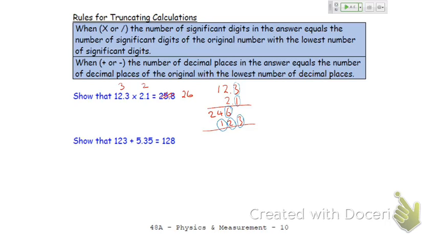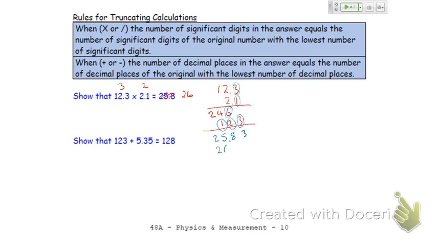So now I add up my numbers, 3, 8, 5, 2, and now I say, oh, I'm only allowed one figure of uncertainty. Well, there's my figure of uncertainty. It's that column that's uncertain.